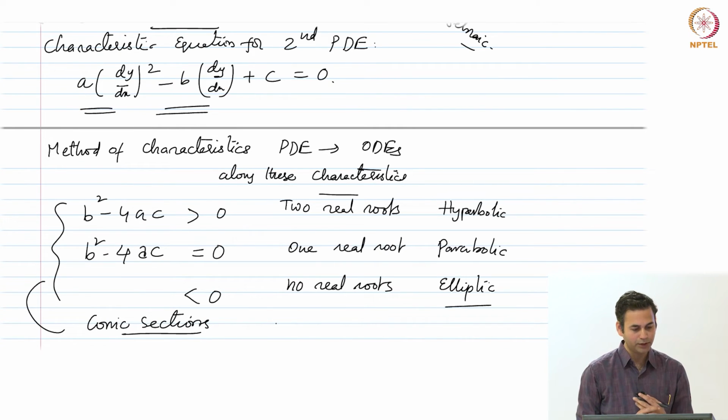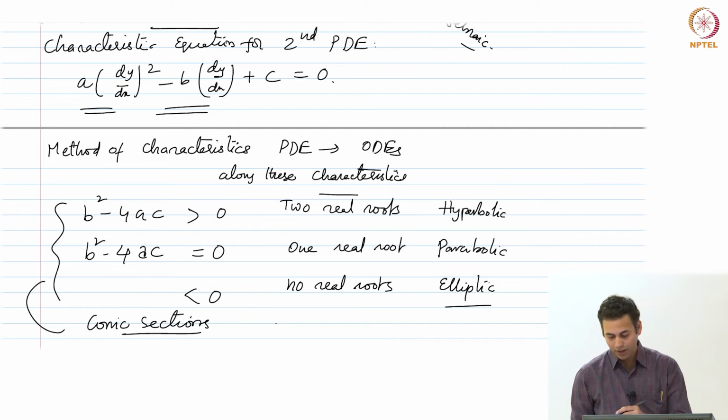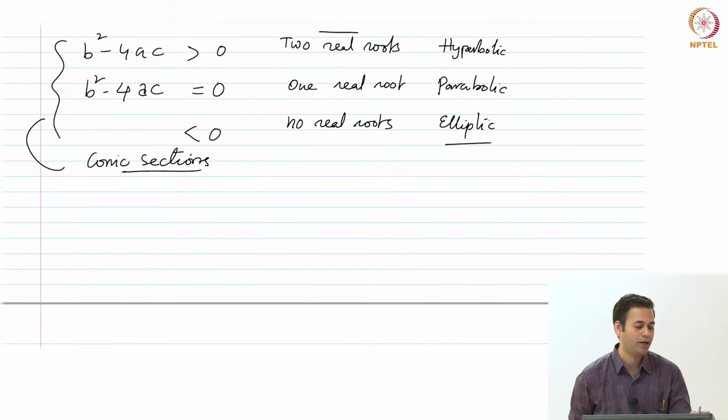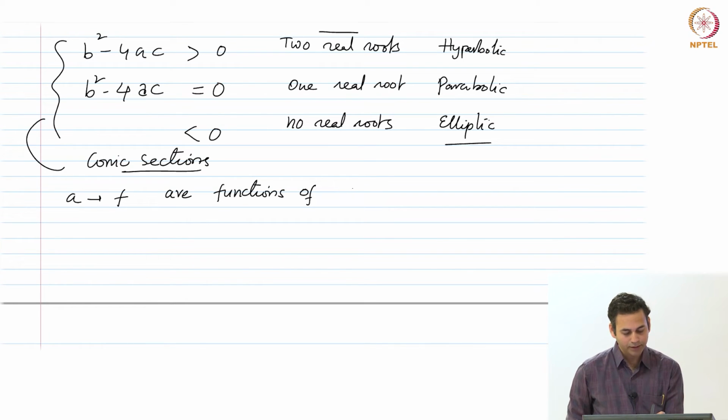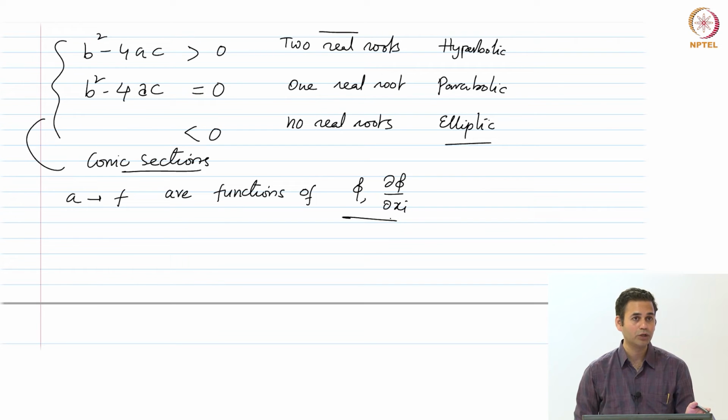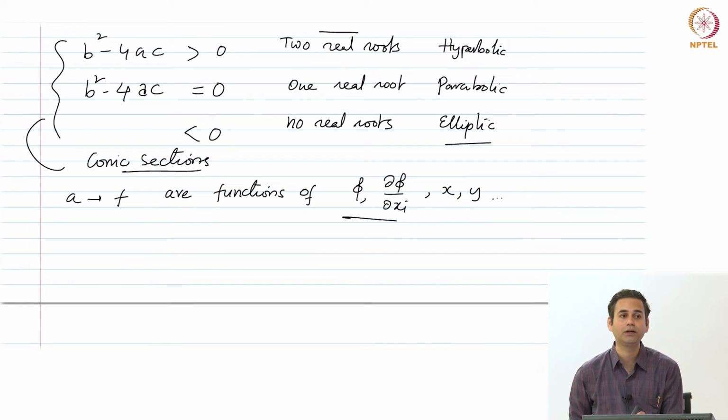So now we have found an equation using which we can classify the second order PDE that we have. Now we say that this method still applies if you have A to F as functions of either phi or its derivatives. Now what does that mean? The moment you have these coefficients as functions of phi, partial x, or functions of x, y and so on, what will happen to the type of the equation?